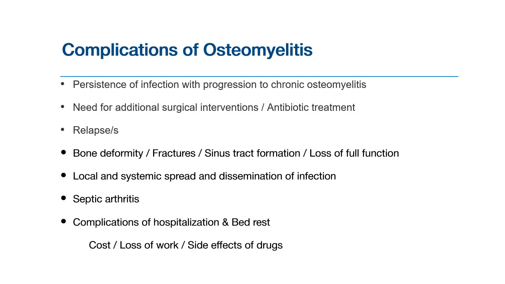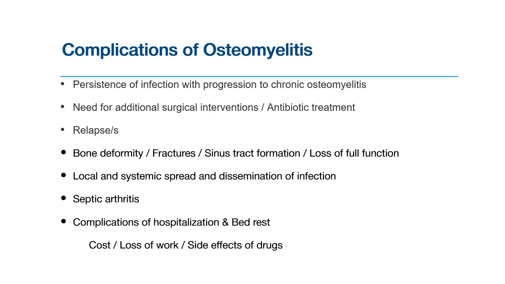The other complication is the need for additional surgical intervention or additional antibiotic courses. Osteomyelitis is known to relapse if inadequately treated or if there is remaining dead bone or a foreign body.